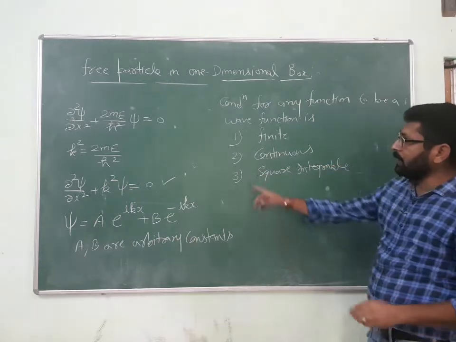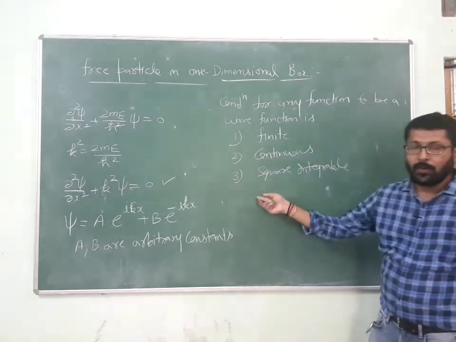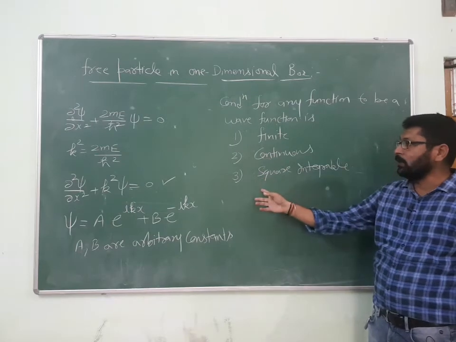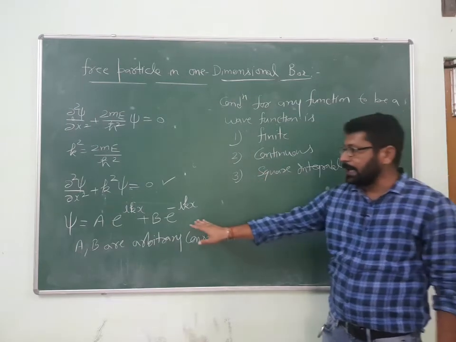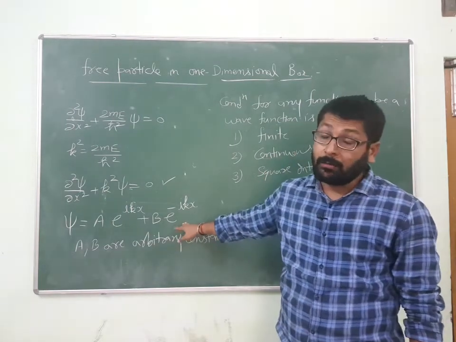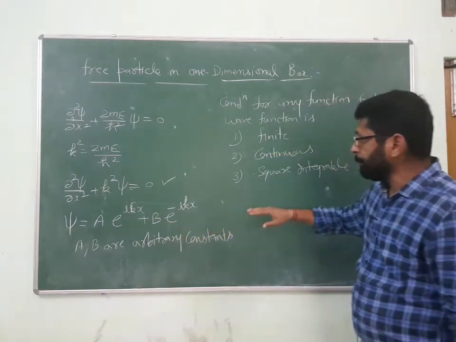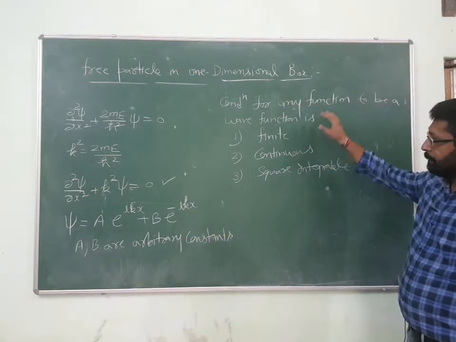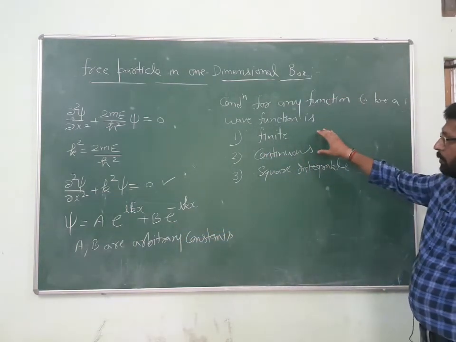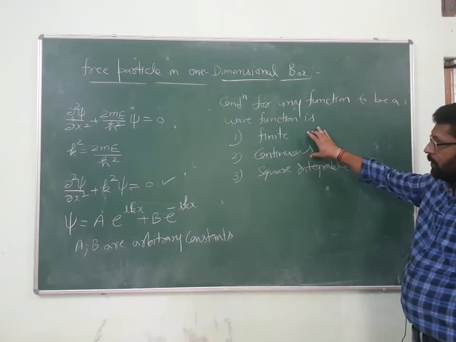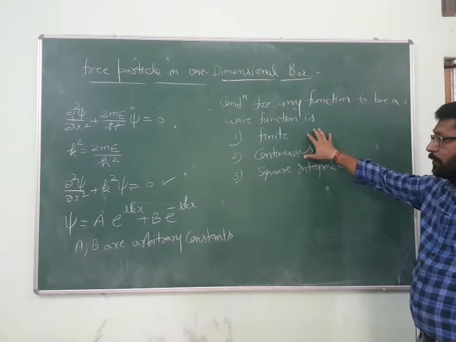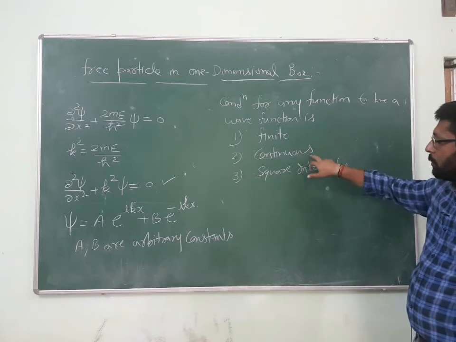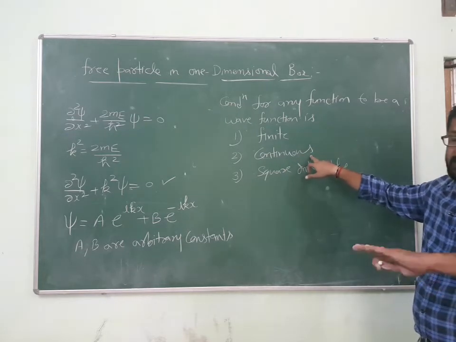If any mathematical function obeys these three conditions, only then can we call that function a wave function. So first of all we will focus here on these two terms, finite and continuous. The wave function has to be finite at all values, and also it has to be continuous.